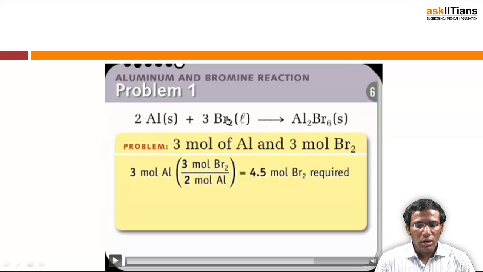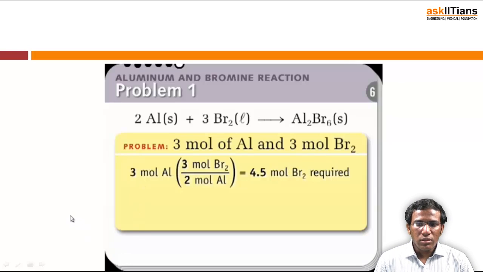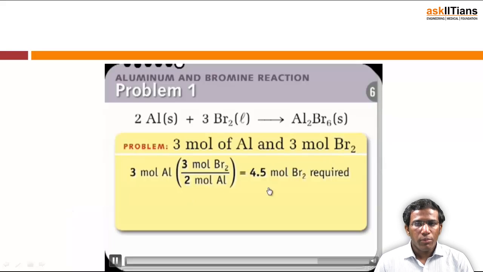So 1 mole requires 1.5 moles. So 3 moles of aluminum you have taken means 3 moles of aluminum requires 4.5 moles of bromine. This is one thing that we understand from the reaction.